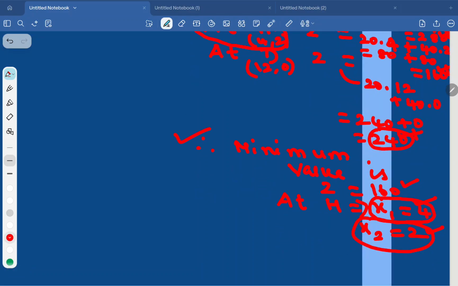Therefore, the minimum value is Z equal to 160, at H, where x1 is 4 and x2 is 2. Therefore, the answer for the problem with the help of the graphical method is 160, x1 is 4 and x2 is 2. I have solved one LPP problem with the help of the graphical method. I got the solution: Z is 160, x1 is 4 and x2 is 2.